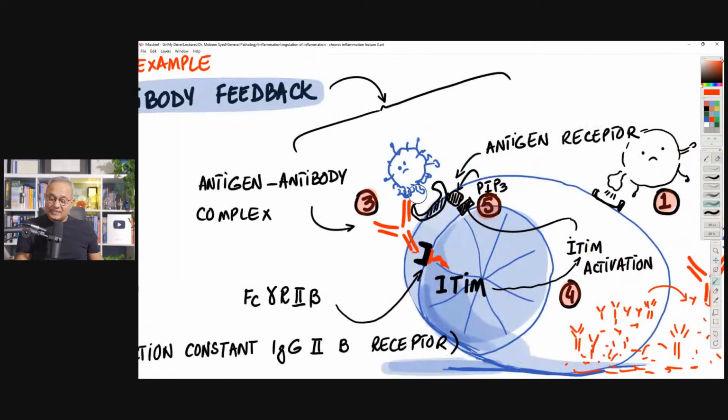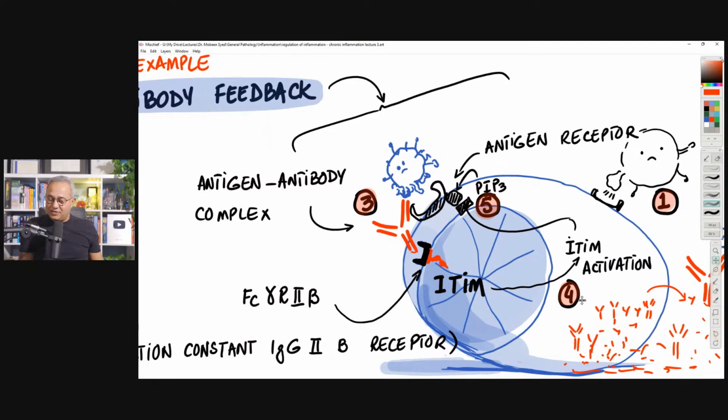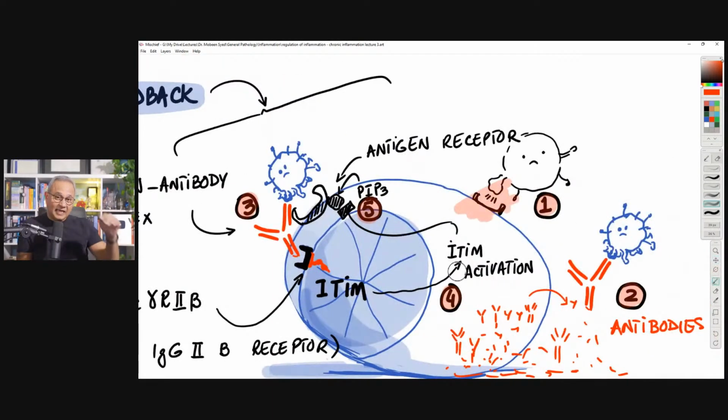Now, what is this antibody holding? The antibody is holding the pathogen or whatever is the immunogen, whatever is the offending thing. That offending thing, remember, was also connecting with the antigen receptors, which in the case of B cells are actually IgM and IgD. But forget about that for a second.